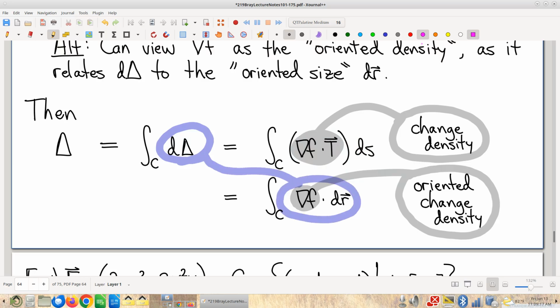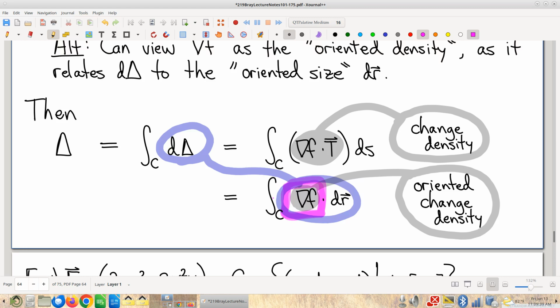And how can I interpret what this thing is? Not gradient dot T, just the gradient by itself. What is the gradient by itself? What is this dark blue formula? What's the reasonable interpretation? What's our take on this from the point of view of density?